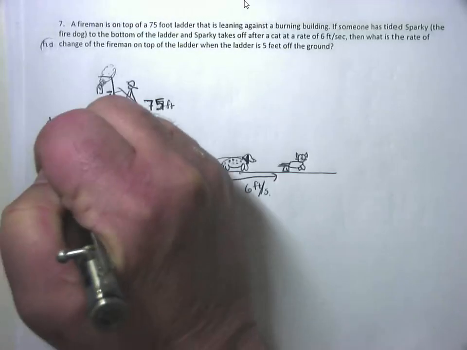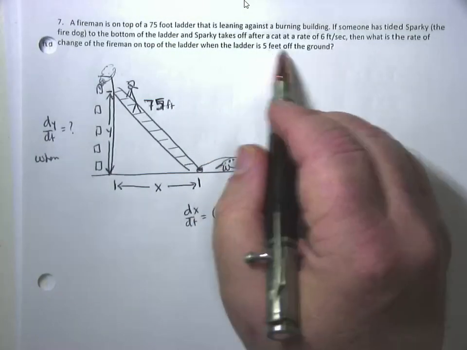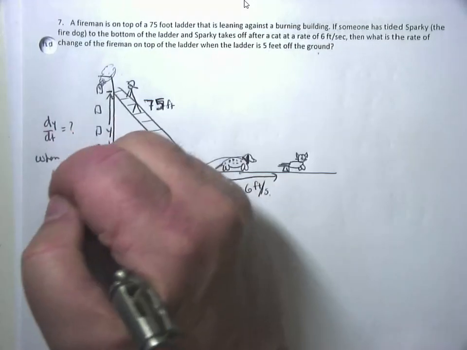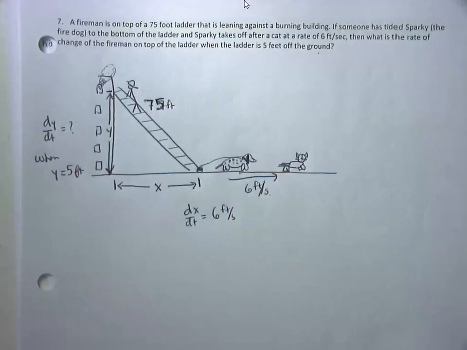When what? The ladder is 5 feet off the ground. So the ladder being 5 feet off the ground, that's when y, which represents the ladder off the ground, equals 5 feet. I had to come up with the picture for the words. That's your job. Now, what do you see? Because you got to come up with an equation now. What do you see?